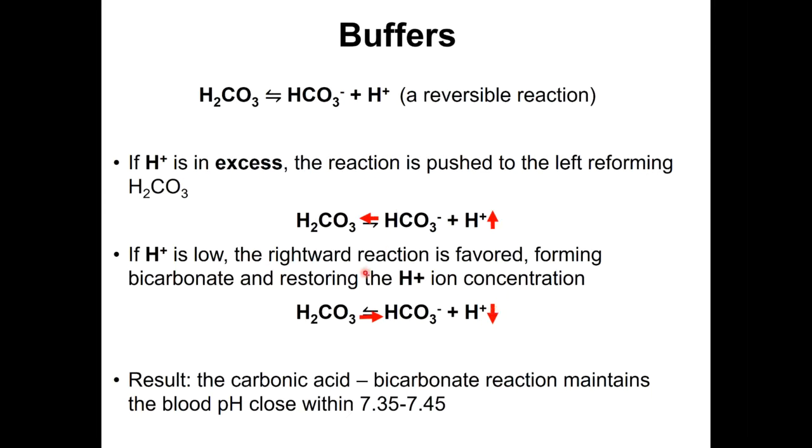Obviously, buffers like this one will work only when both forms are present. So imagine you're running out of, for example, bicarbonate, so it is not present anymore. You introduce a lot of protons, and there is nothing to bind these protons and convert them into carbonic acid. So the buffer would not work.